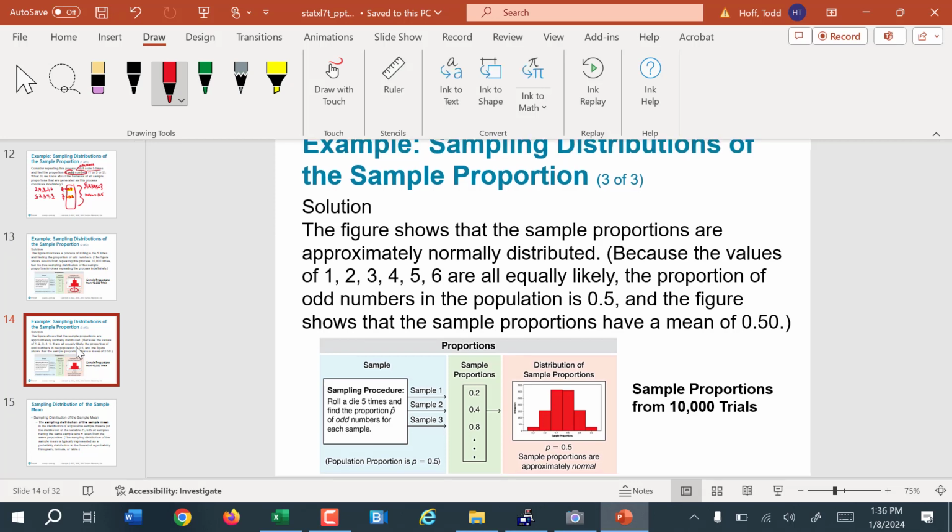The values 1, 2, 3, 4, 5, or 6 are all equally likely when rolling a die. Because of that, the population proportion is 0.5. Half of them are odd. That's our theoretical or classical probability, which also turns out to be the population proportion. And so the mean value of the proportions from all of our samples is going to calculate out to be 0.5, if we do it enough.